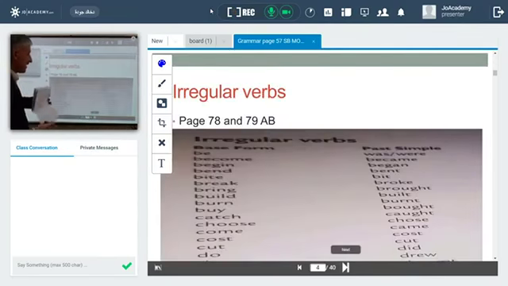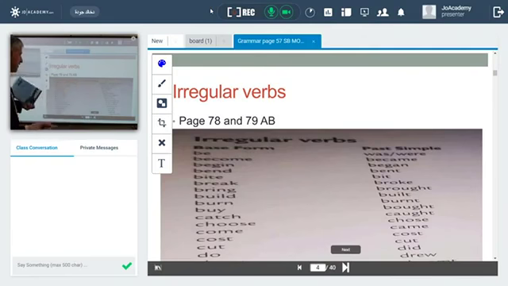Here I have copied some of the verbs. Irregular verbs, page 78 and 79, activity book. Please open your books, page 78 and 79, and go through these verbs and try to memorize and know the meaning of these verbs. It's very important for you if you want to learn English. It's very important for you to memorize these verbs.